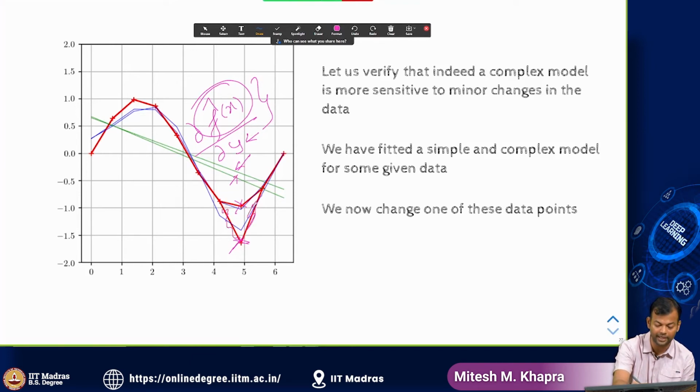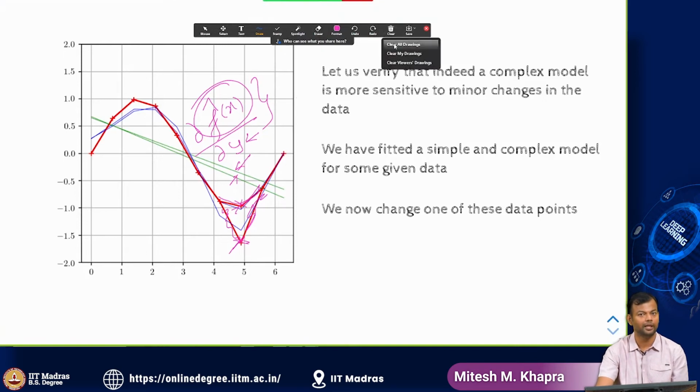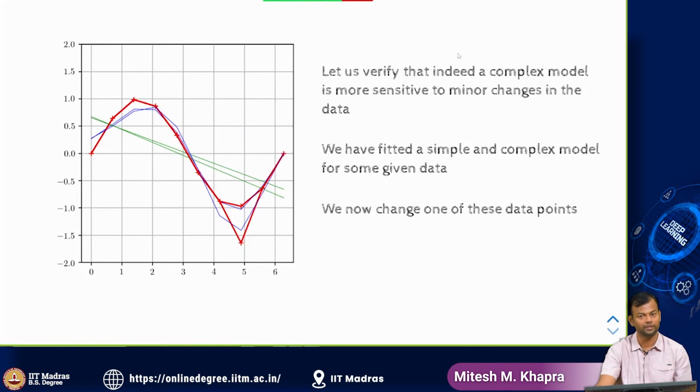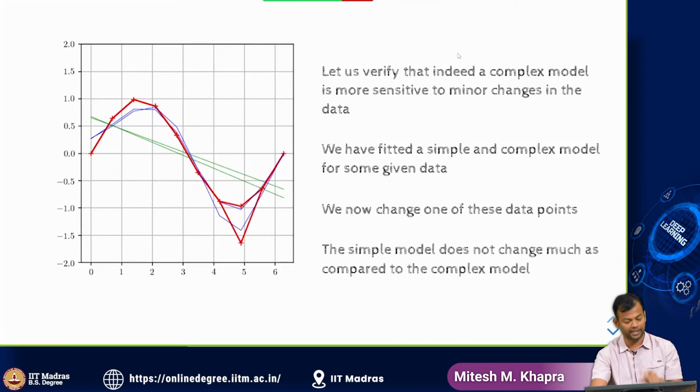In this region it's very different from what it was originally, right? So hence for complex models, small changes in the training data could cause a large change in the estimated function, right? The f hat x or the estimated values of the parameters. So that's just an empirical, or anecdotal, demonstration of this idea that complex models are more sensitive to changes in the training data, and that's the quantity that bothers us.